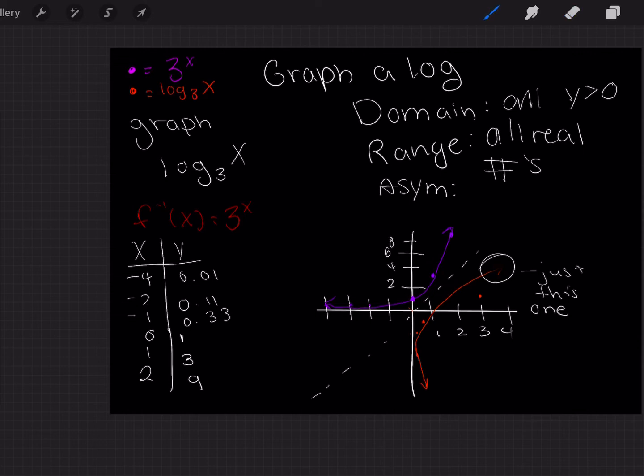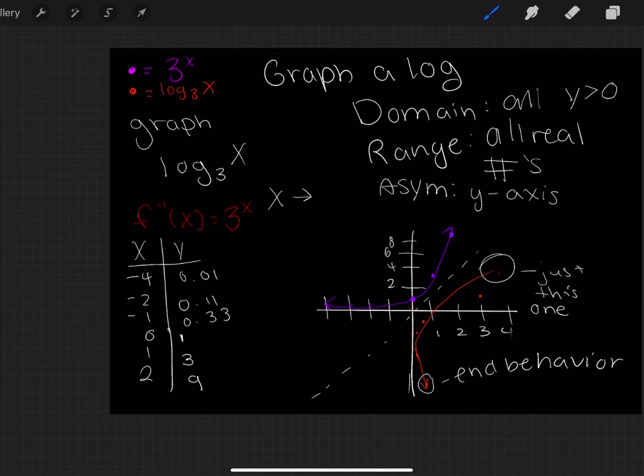My asymptote is going to be my y-axis. You notice that the logarithmic function never crosses over that y-axis. It has no intercept on the y-axis. So our end behaviors are going to be which directions the ends of our curve are pointing to. So as x goes towards positive infinity, y also goes towards positive infinity.